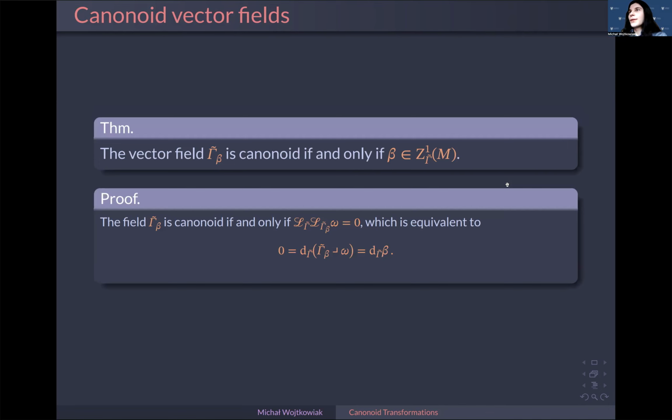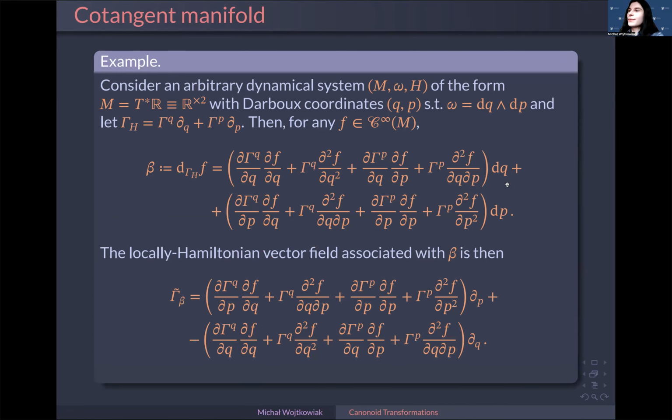Yes. So like I said, if the cohomology vanishes, then we have a very easy relation between canonoid vector fields and master symmetries.